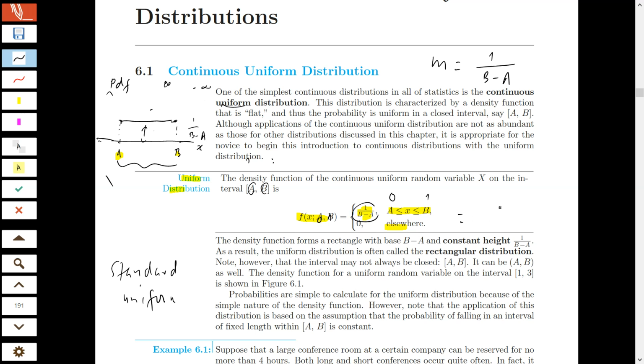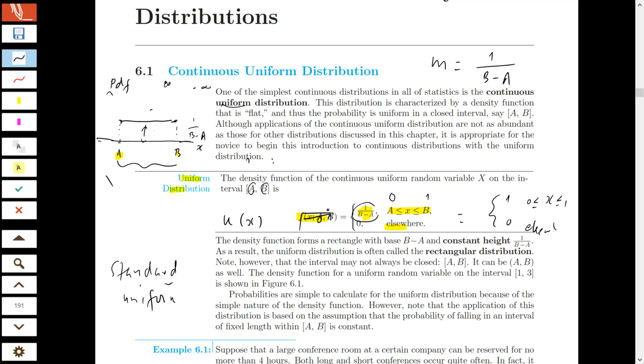So if I choose that, X is from 0 to 1 and 0 elsewhere. That is the standard uniform distribution. And the reason I'm mentioning it is that there is a symbol for that. So instead of f, people simply use u. So u of x, right?